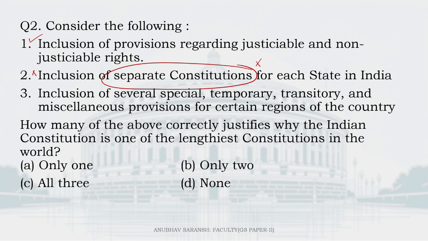Then we have lot of special, transitory, temporary provisions, which again increase or enhance the size. 1 and 3 are right. But 2 is wrong, because we actually have one common constitution, unlike, say, in a country like USA, where the center has a different constitution and every state has its own constitution along with the federal constitution. So 2 statements are right, only 2.